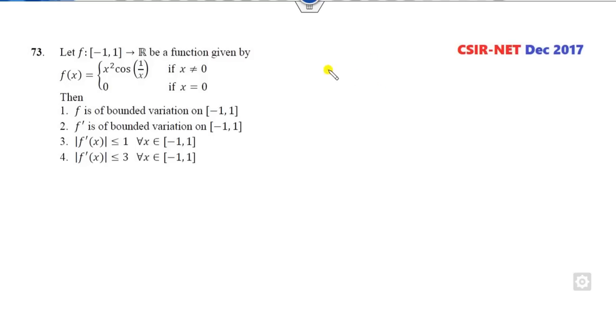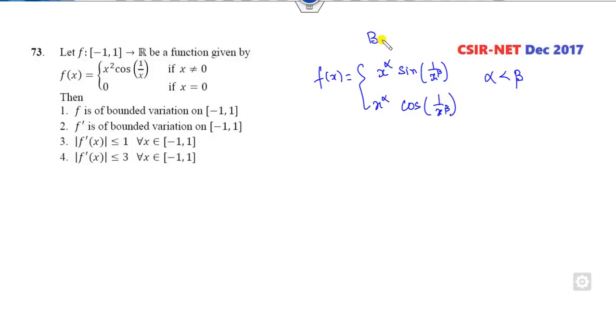Okay, bounded variation. Remember these tips for you: x raised to power alpha, sine of x raised to power beta, or you can say cos, these are the same thing. Here, whenever alpha is less than 1, then it is bounded variation, otherwise not.